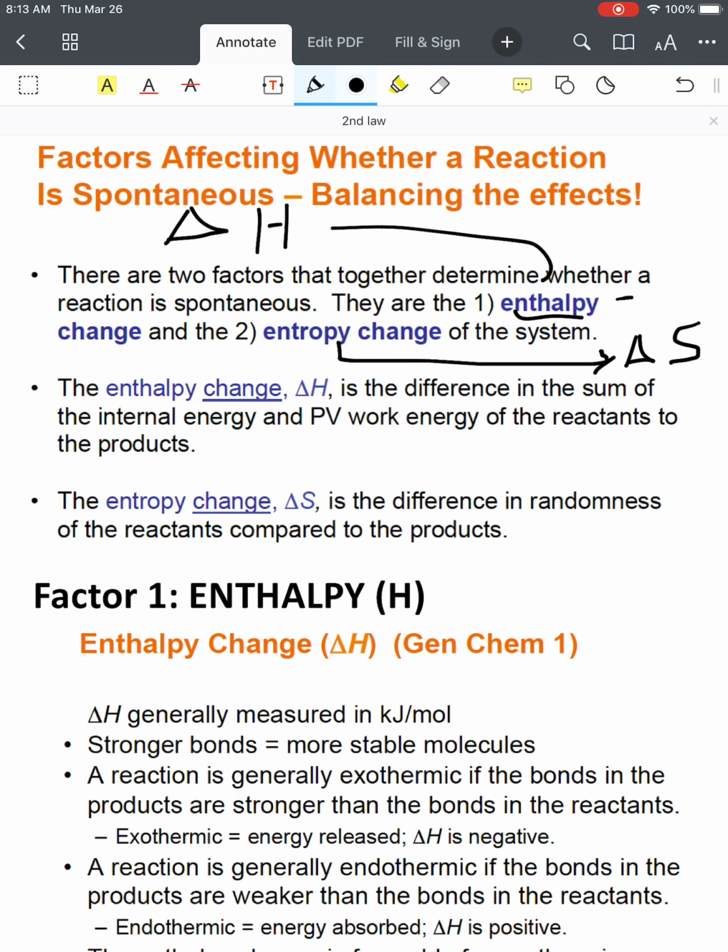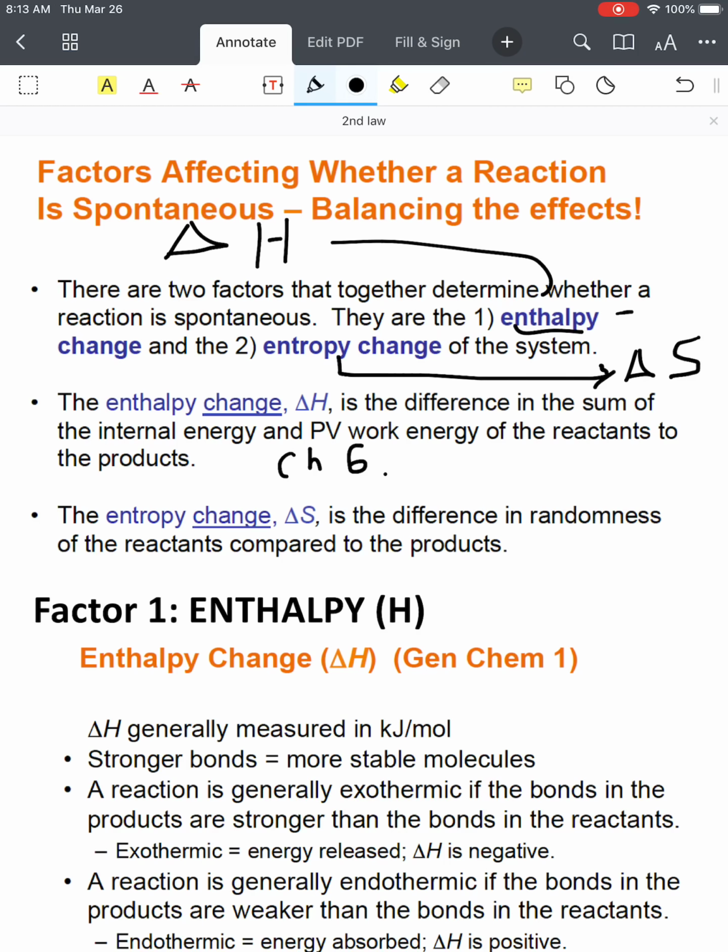Now the enthalpy change, delta H, is the difference in the sum of the internal energy and PV work for the reactants compared to the products. Again, you learned to compute that back in chapter 6, okay? If you're struggling with that a little bit, you can go back to chapter 6.